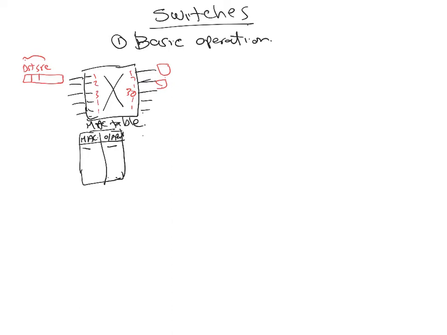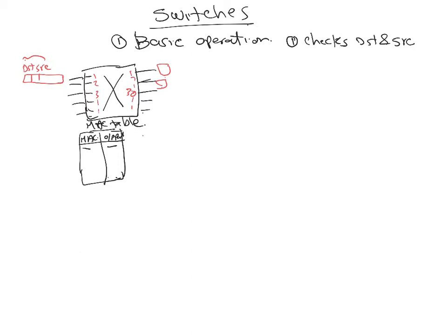The procedure again has some similarities with ARP, but there are some differences that we need to be careful about. The first step the switch does is check the destination and source address.